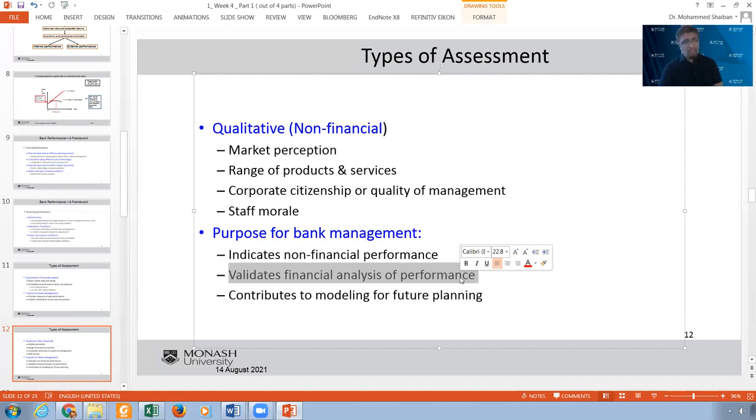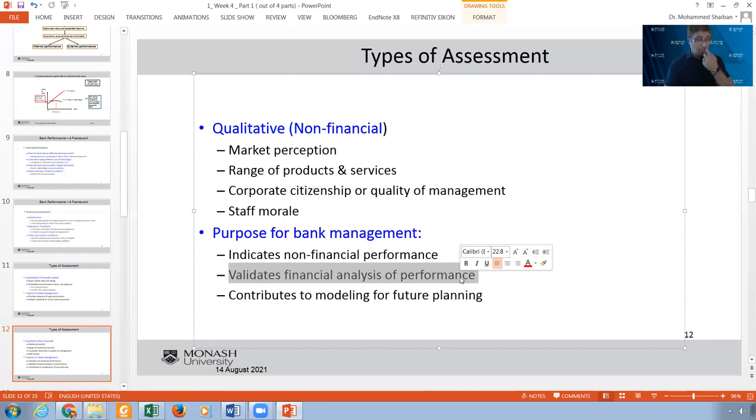How come my share price is doing well, but my reputation is going down? How come I am the worst bank in products and services, but when you go to the market or see my financial reports, I'm the best? So there must be some questions there.